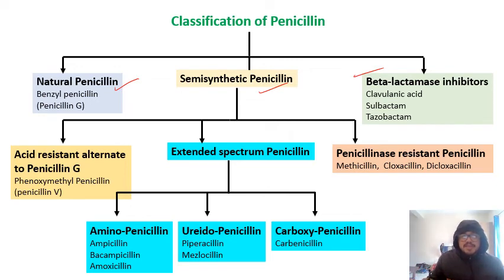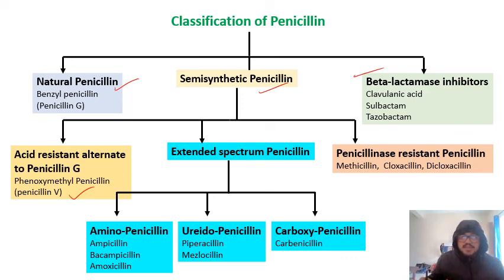Semi-synthetic penicillin is divided broadly into three categories: acid resistant alternative to penicillin G, for example penicillin V, extended spectrum penicillin, and penicillinase resistant penicillin. Examples of penicillinase resistant penicillin are methicillin, cloxacillin, and dicloxacillin.